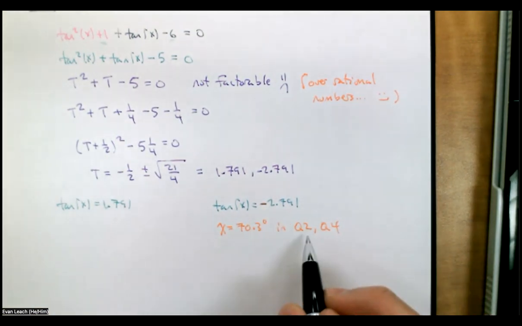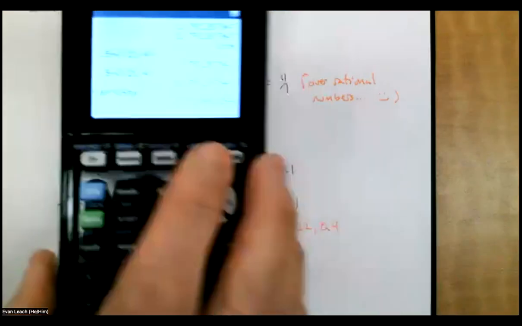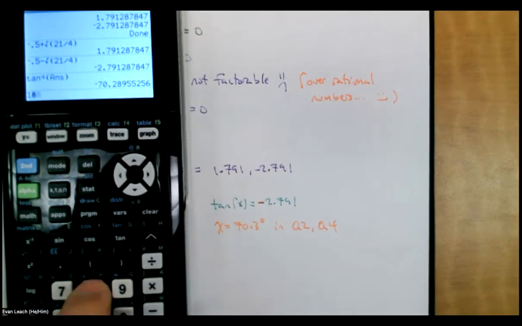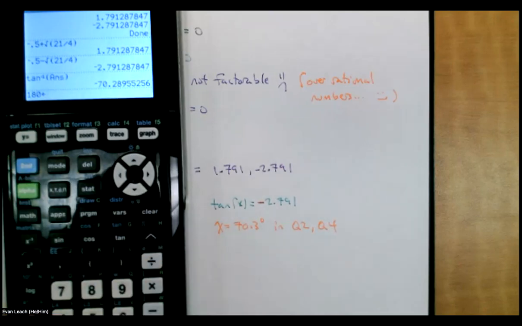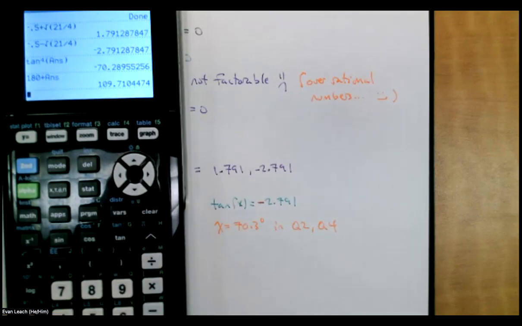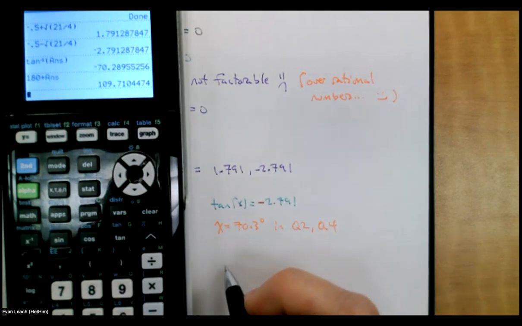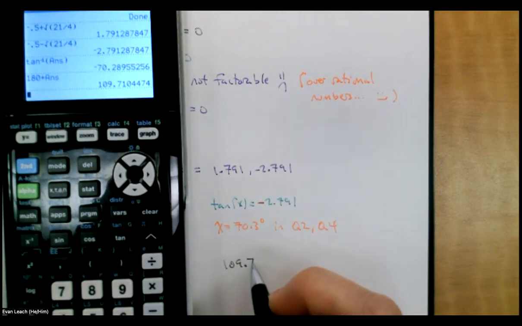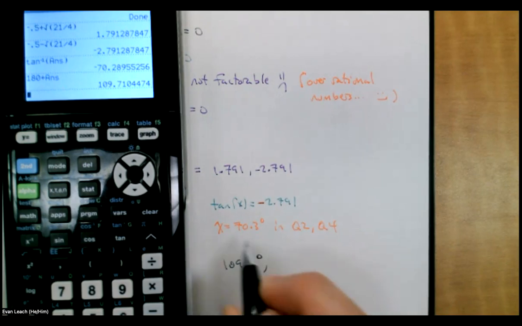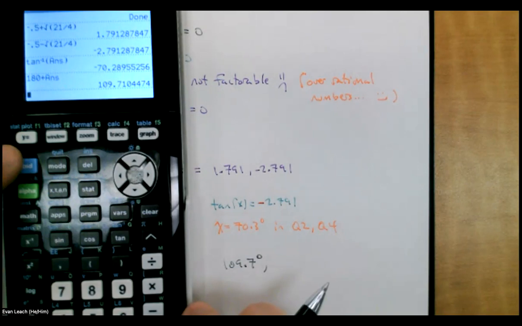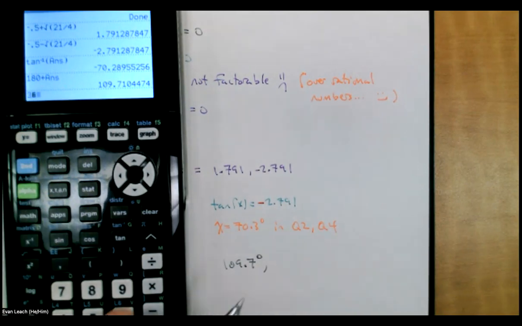So 70.3 degrees in quadrant 2 is going to be 180 minus 70.3. That's going to give us a 109.7. And 70.3 in quadrant 4 will be 360 minus 70.3.